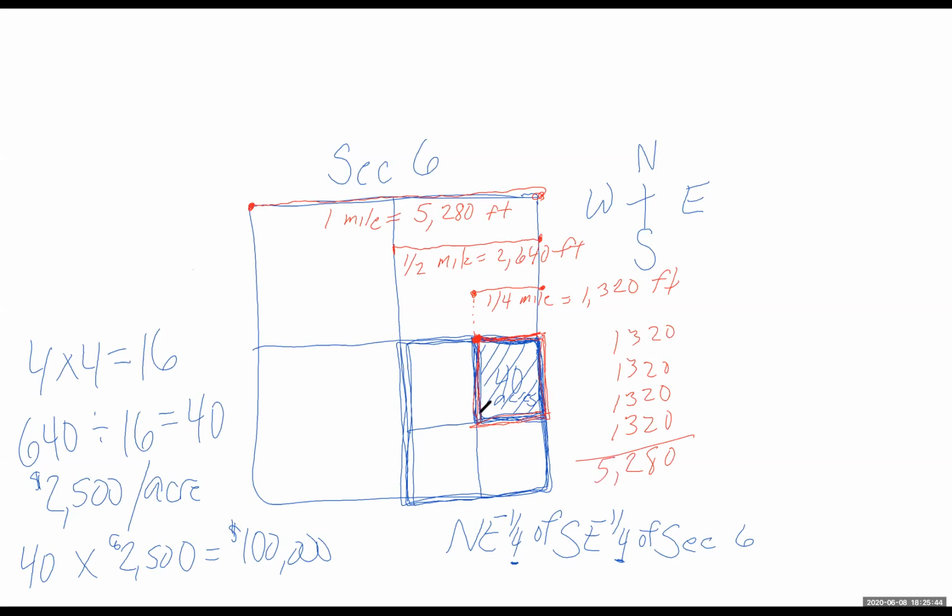So you'd have to get 5,280, which of course is the same as this because it's a quarter mile, a quarter mile, a quarter mile, a quarter mile. 5,280 feet of fence. So that's LF, linear feet.